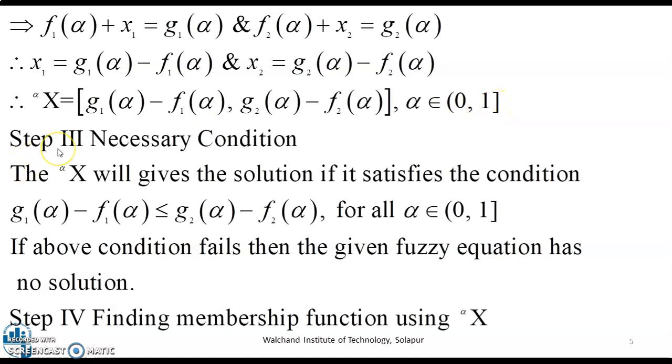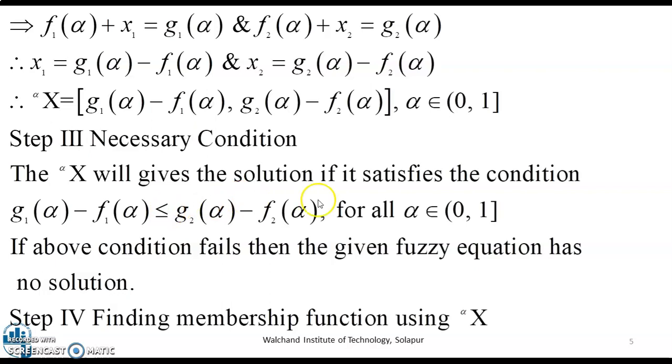Now the step number 3 is the necessary condition. The given fuzzy equation has the solution only when this alpha cut of x satisfies one condition. That condition is that the initial point of this alpha cut must be less than or equal to the end point of this alpha cut for all alpha belongs to open 0 to close 1.